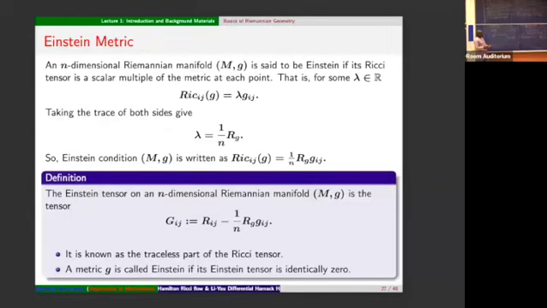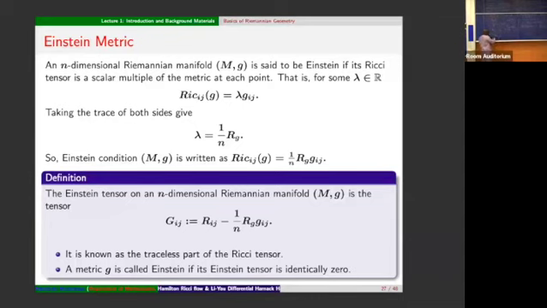Do tracing on this. This is the equation: R_ij equals lambda g_ij. This lambda is a constant from R. Okay, so this says when you have this condition, the metric is Einstein, or the manifold is Einstein.